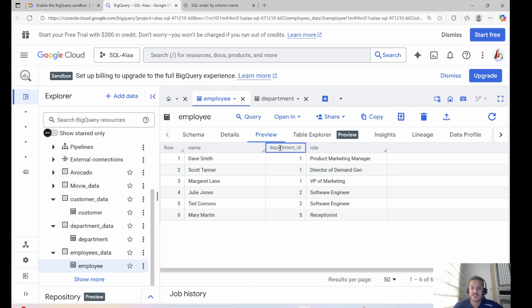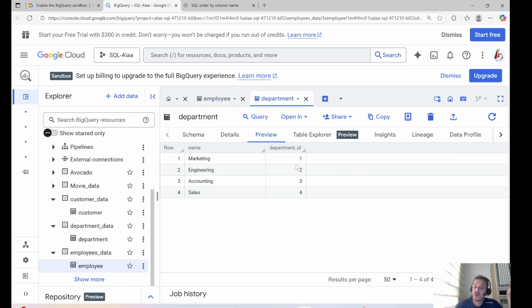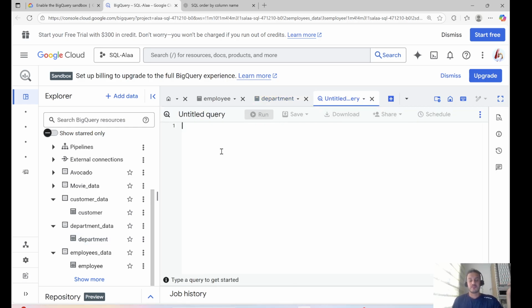That means we have a relationship between the employee table and the department table, and the relationship between them is by department ID. This department ID is the primary key in one table and the foreign key in the other. That means we can combine them and find the relationship between them. So let's try all the joins and check that.